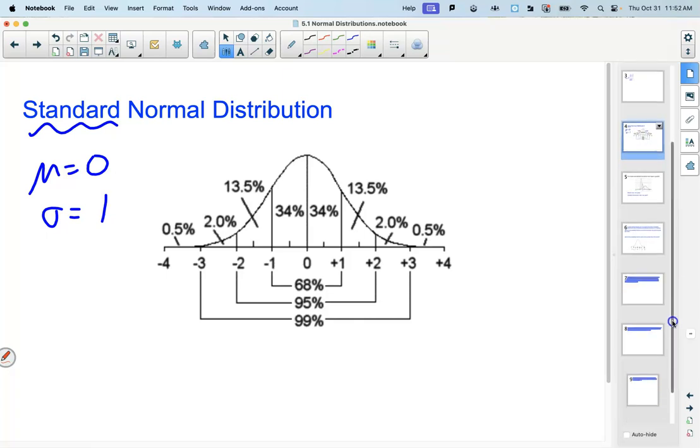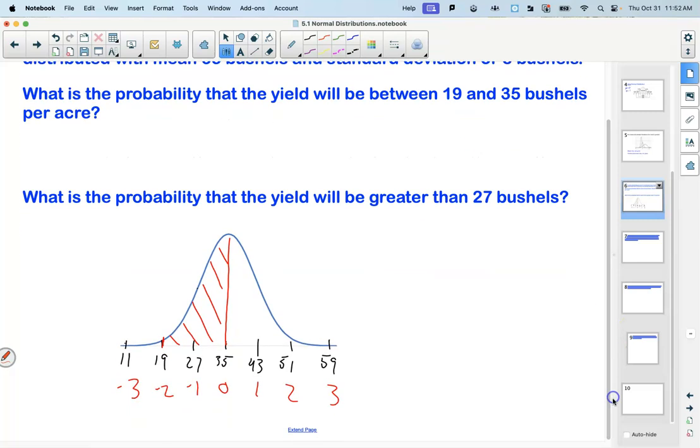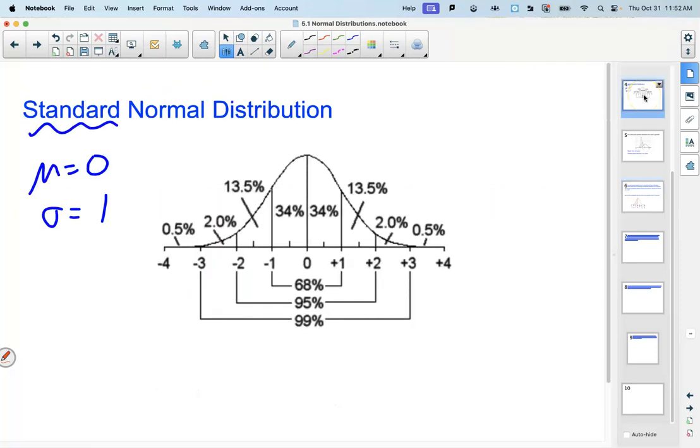So go back to the question. What's the probability that the yield will be between 19 and 35 bushels? Well, here's 19. There's 35. We're looking at this region. That corresponds to between -2 and 0 on this graph.